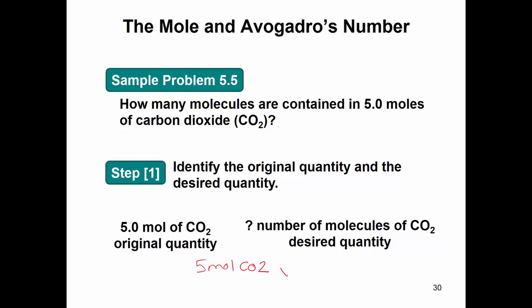Okay, and then I go ahead and put my sign there. Okay, so that's how I always start a problem. I write out what I'm given, write my multiplication sign, draw my fraction, and I know that if I have moles CO2 here, I have to have that same unit here in order to cancel.